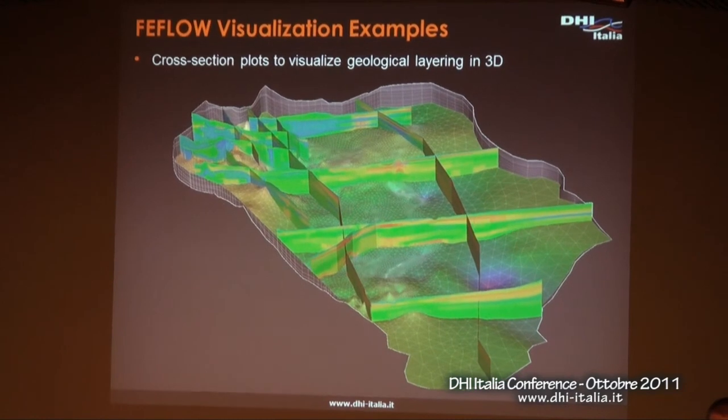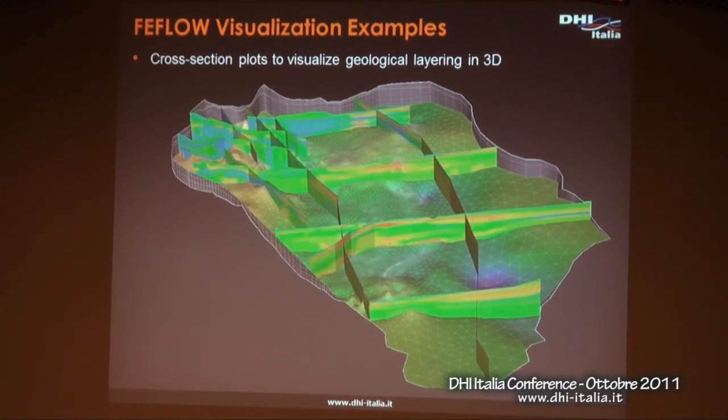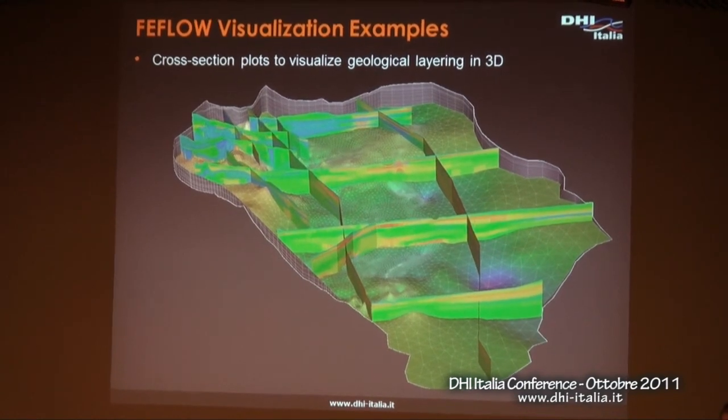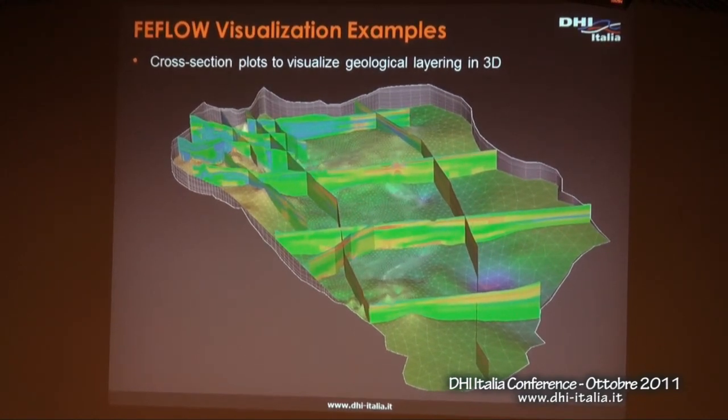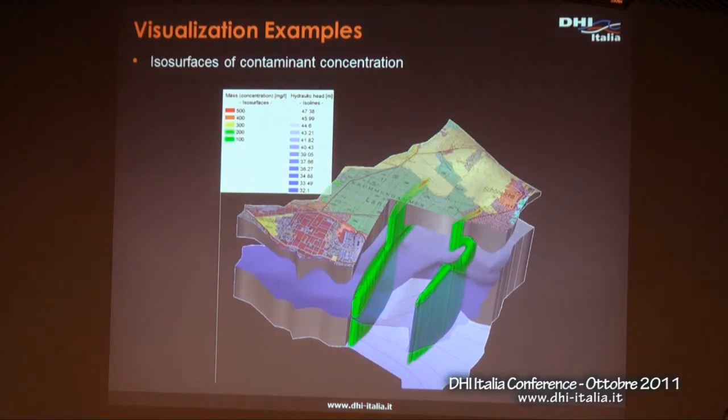And keeping an overview of what is going on in this three-dimensional terrain or soil model is sometimes difficult. So being able to make these slice plots or cross-section plots is really useful. Another type of visualization also in FeeFlow, showing the spreading of a contaminant in the groundwater.